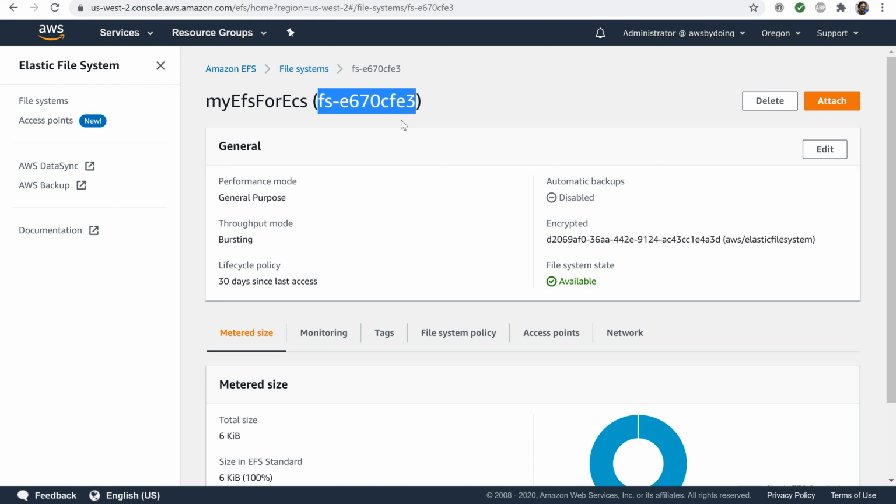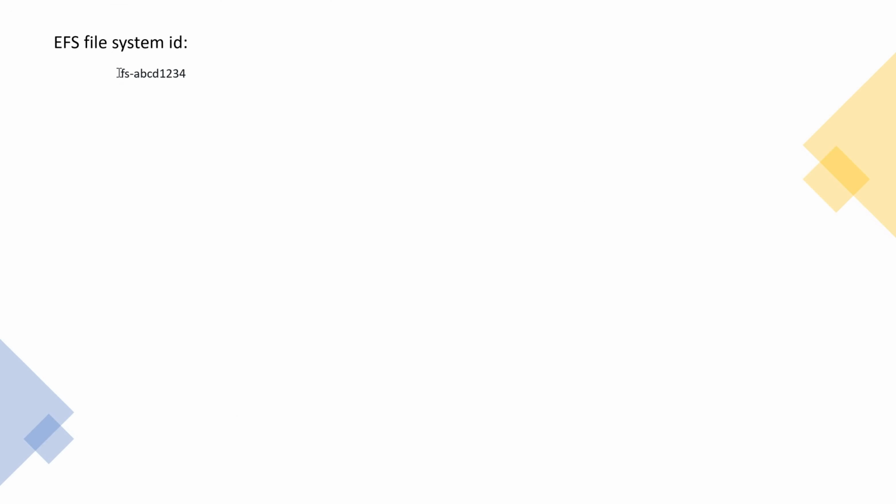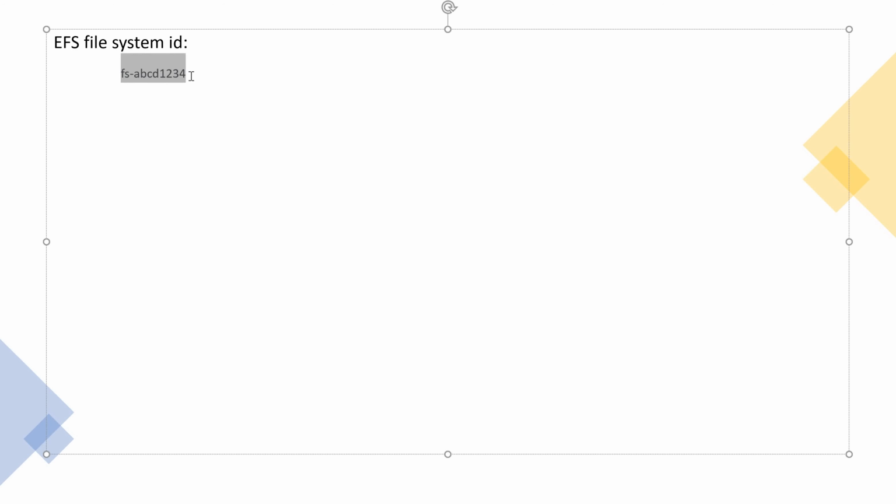In the next step, you will reference this value in your Amazon ECS Task definition. Copy the EFS file system ID and paste it in a scratchpad. Let me paste it here, like so.